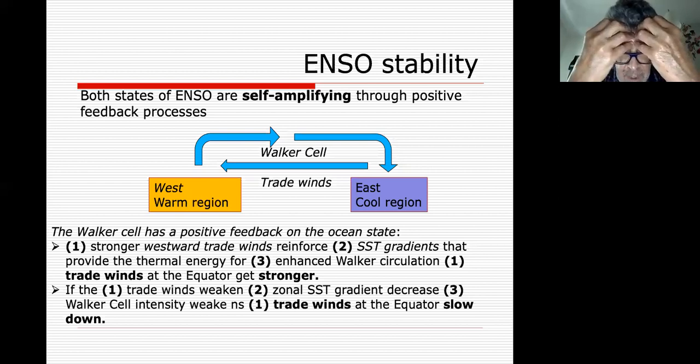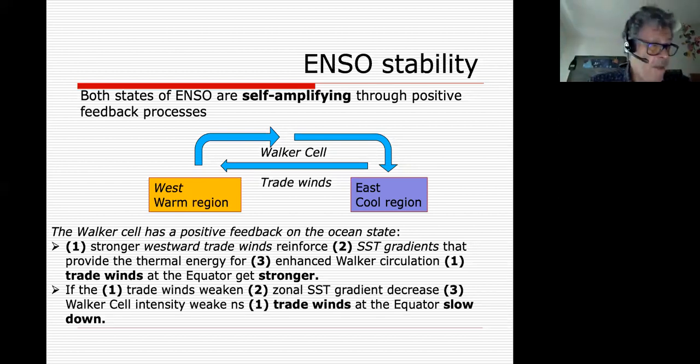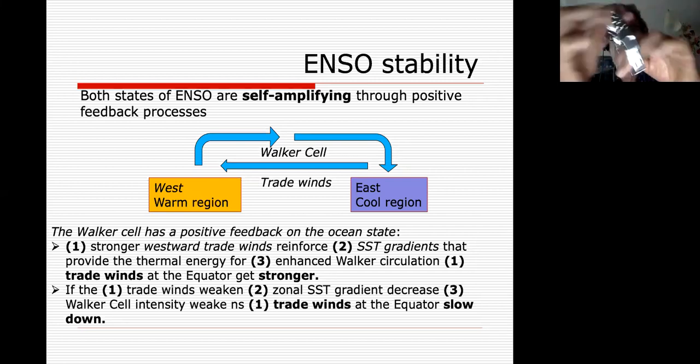This is a complex system that combines the mutual interaction between atmosphere and ocean.